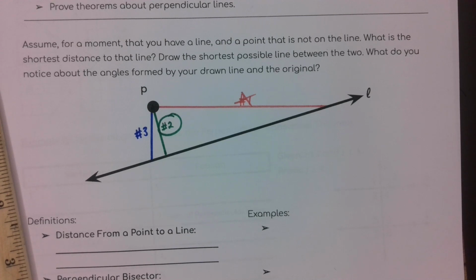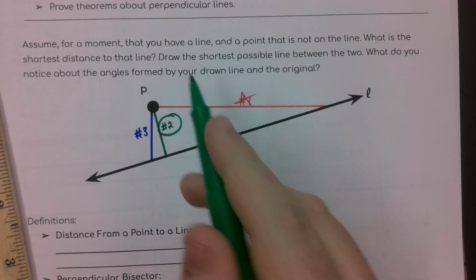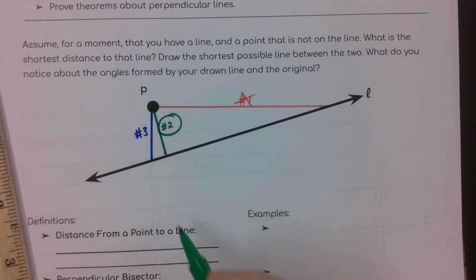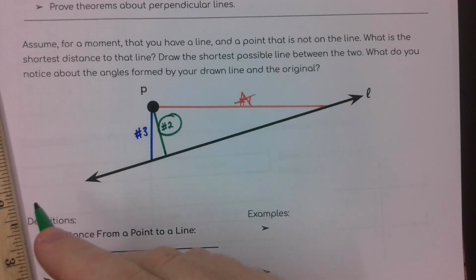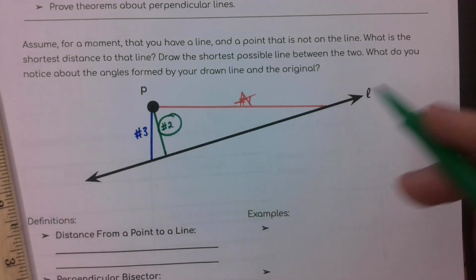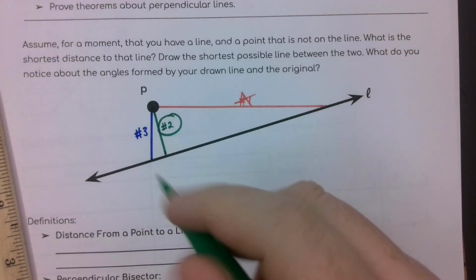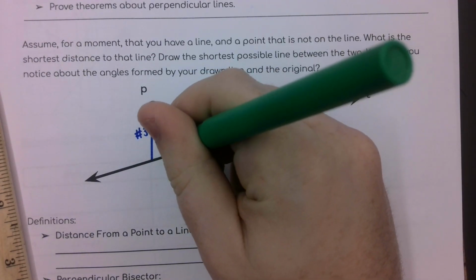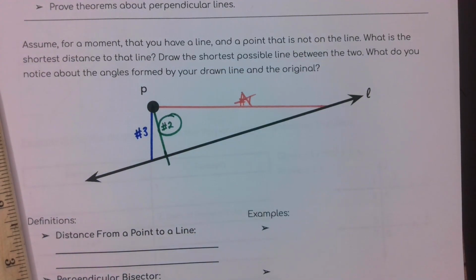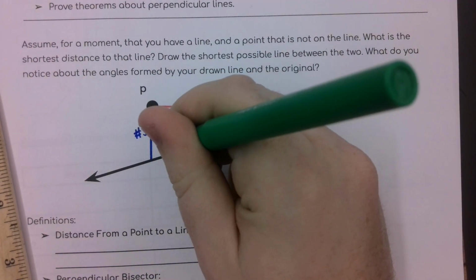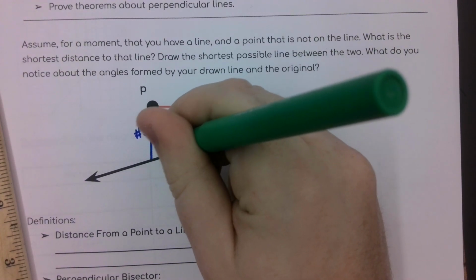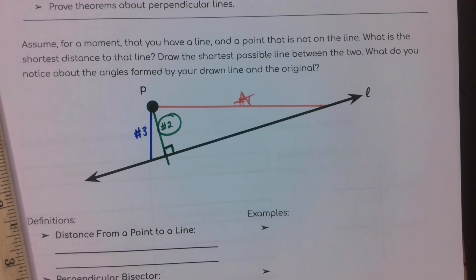How did I know that? Well, because take a look at the shortest possible line. Line L seems to be going off this way, but this line, line number 2, almost crosses through it to make a right angle. This is an important thing to note.